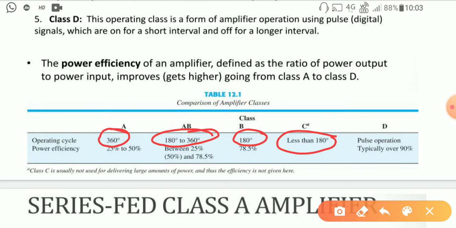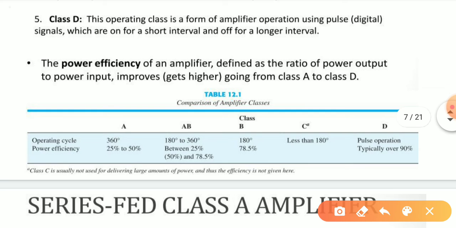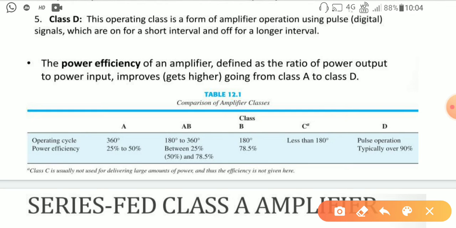And what happens for the power efficiency? If you consider the class A, the efficiency will be 25 up to 50%. For the class AB, it varies from 25 to 78.5%, and for the B, it is 78.5%.